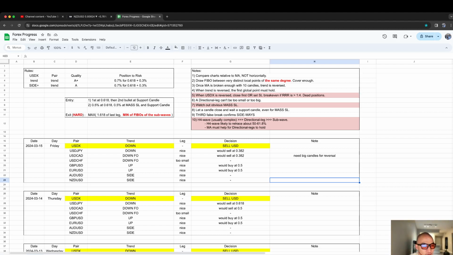Okay, so overall USD is definitely weak, and Japan yen, Canada dollar, some of the pairs are showing a fake out, which is totally normal.